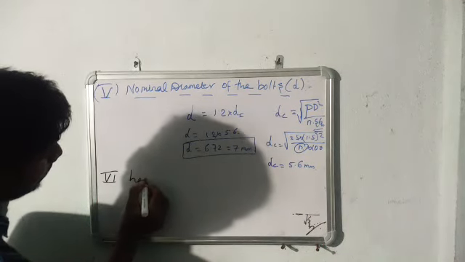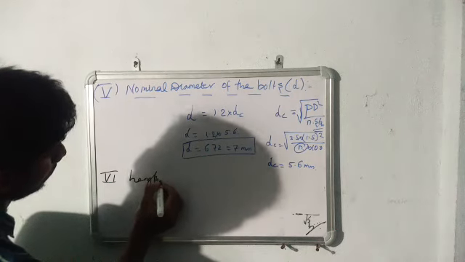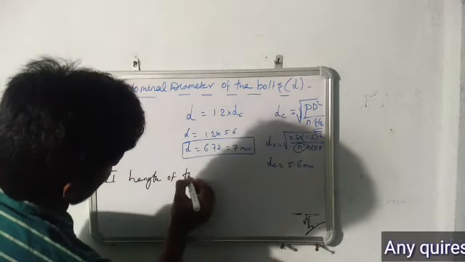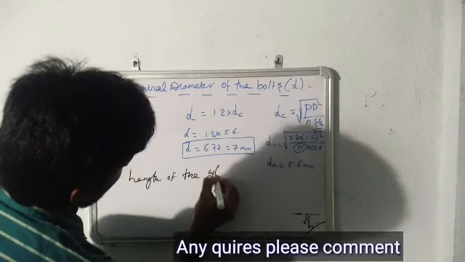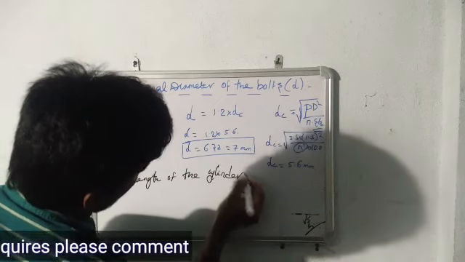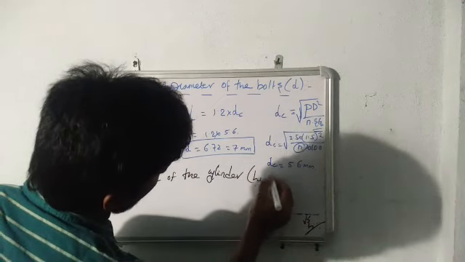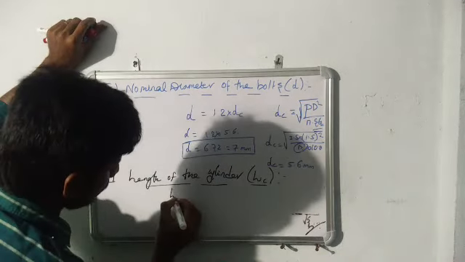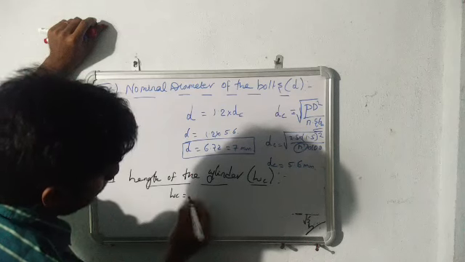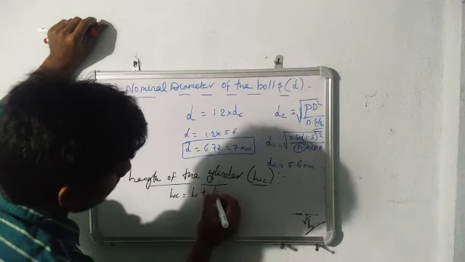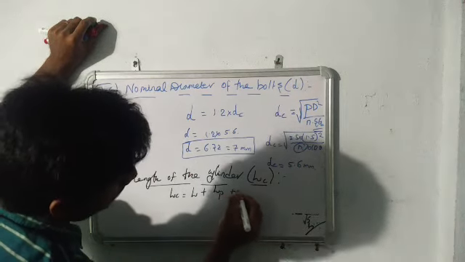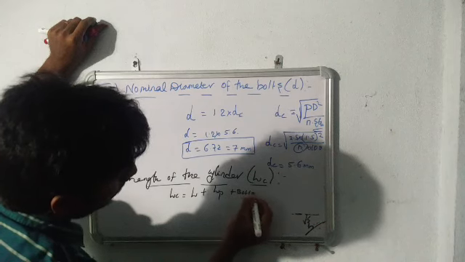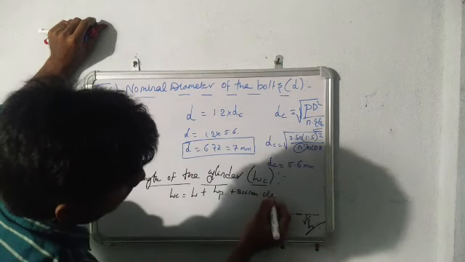It is the length of the cylinder. It is indicated by L suffix C. So let's see, L C equals L plus L P plus bottom clearance.